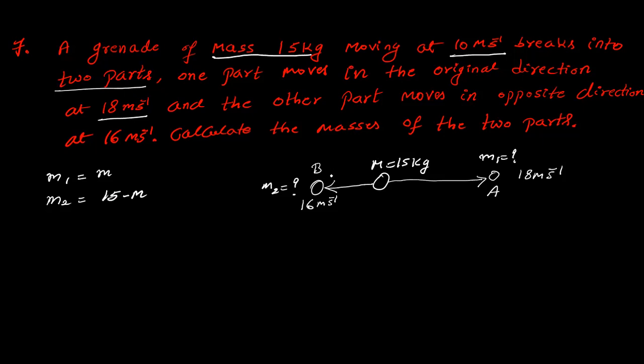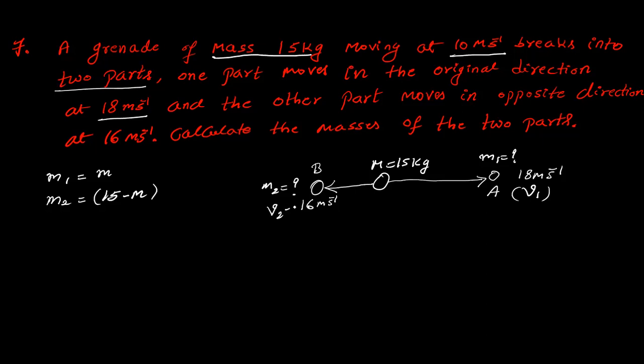Out of that, this m is taken, the m1 went there, and the leftover mass is 15 minus m. That will be towards B. You can take this one as v1, the velocity, and this is v2.